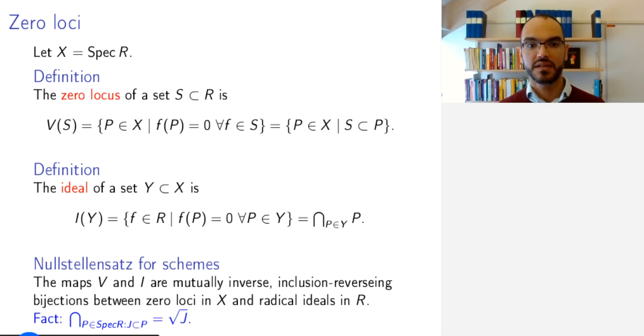The only thing you need is the fact that the intersection of all prime ideals containing a certain ideal J is exactly the radical of J. This is a fact from commutative algebra that lies behind this thing.